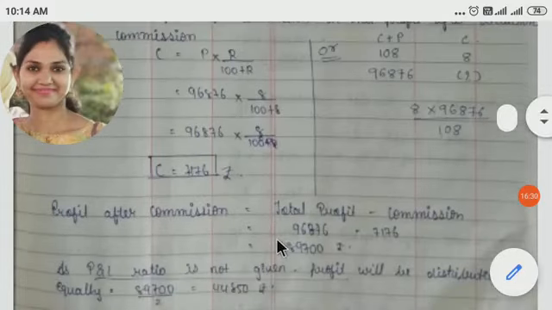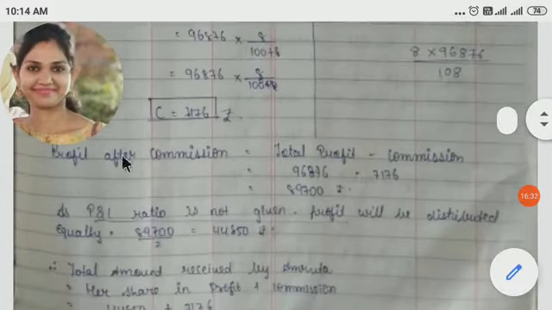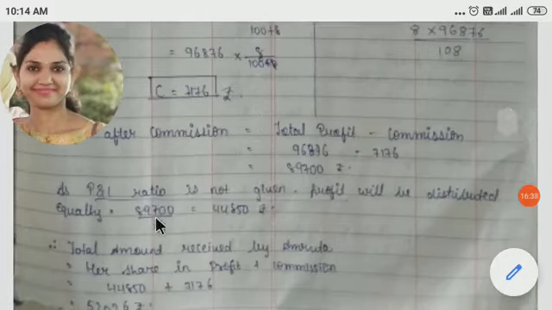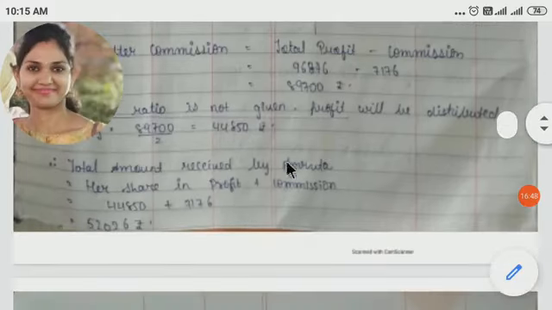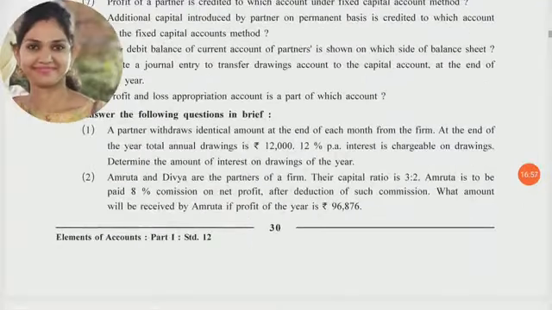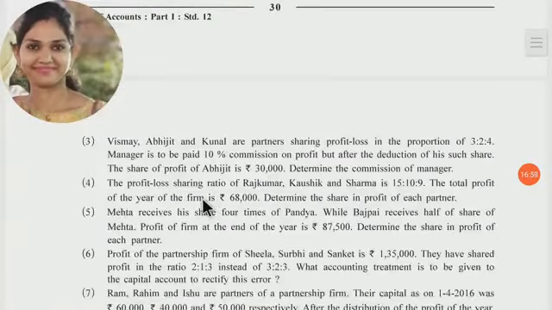Now the profit after commission is 89,700. As the P&L ratio is not given, this amount will be distributed equally between Divya and Amruta, so 44,850 each. The total amount received by Amruta is profit plus commission. This type of sum is expected to be asked in the exam.